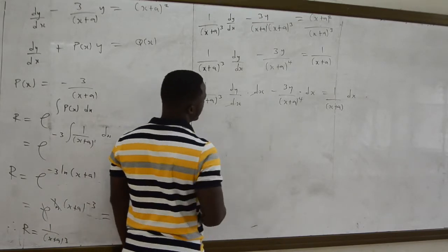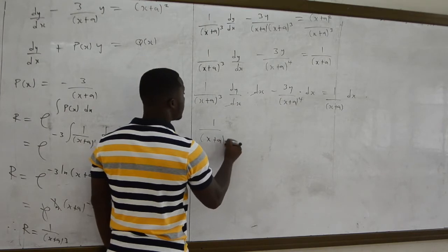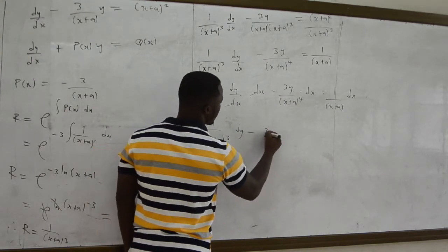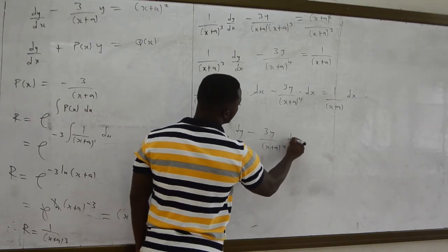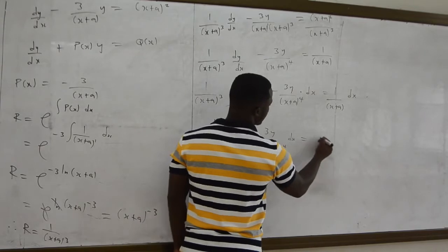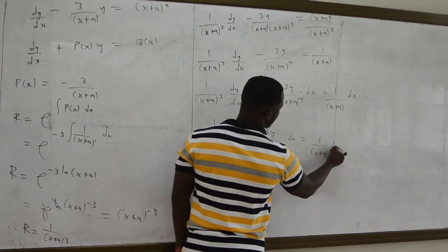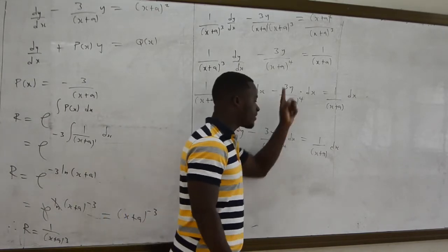Everything times dx, leaving 1 over x plus a taking the power of 3 dy minus 3y x plus a taking the power of 4 dx is equal to 1 over x plus a taking the power of 4 dx.